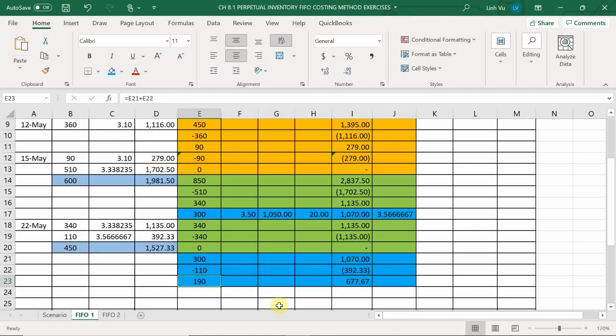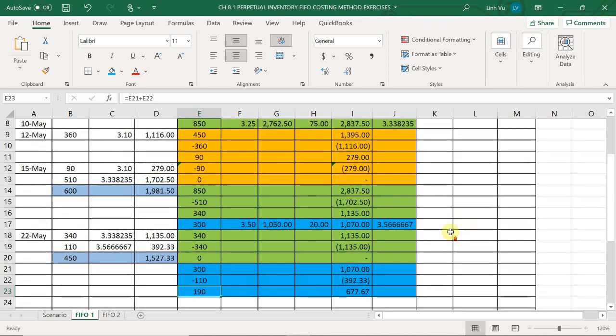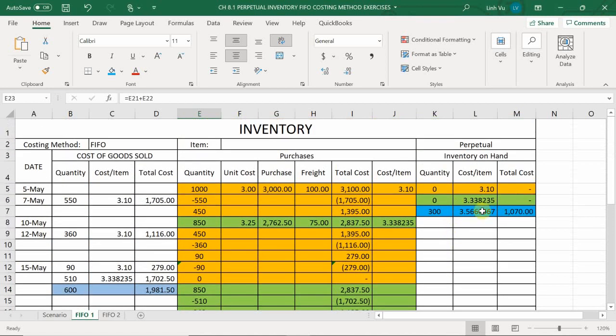You don't multiply the units by the price. Actually, here it's supposed to be the same number. I don't know why I have this mistake, but maybe it's the decimals. You might be calculating a couple of decimals too short. 300 minus 110 gives you 190, which should give you 677.67. In this case, it's 3.5666666666, going on and on.